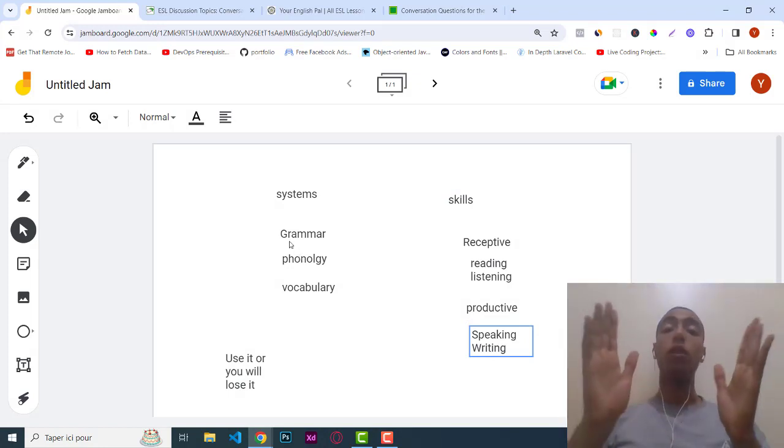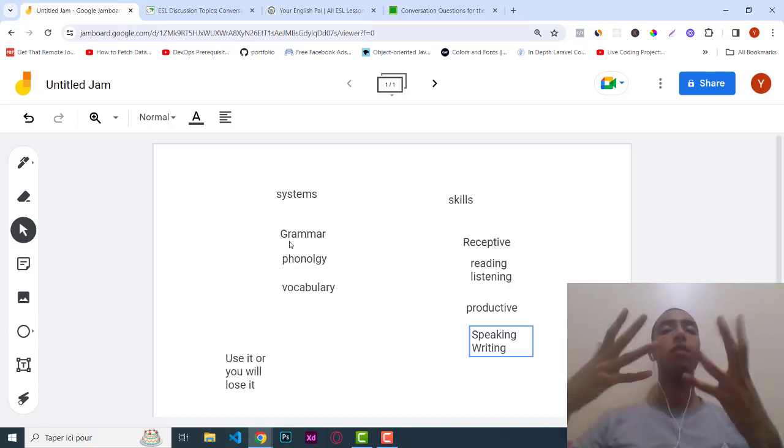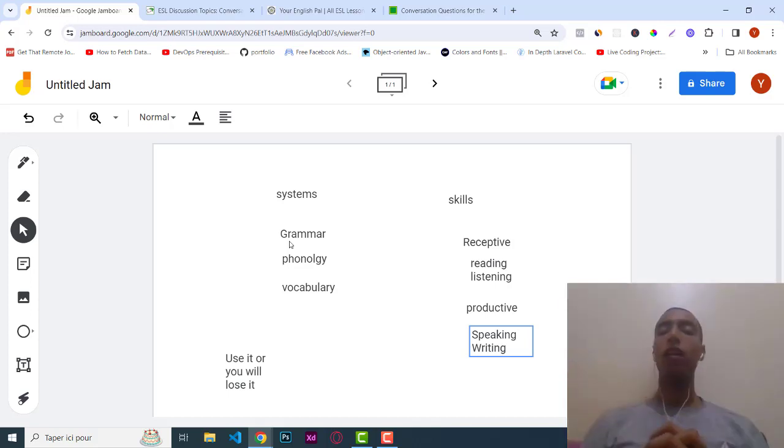If you feel like you have the basics in grammar, phonology, and vocabulary, and you want to feel confident speaking and be fluent in English, we conduct communication activities that help you to become more fluent in English.